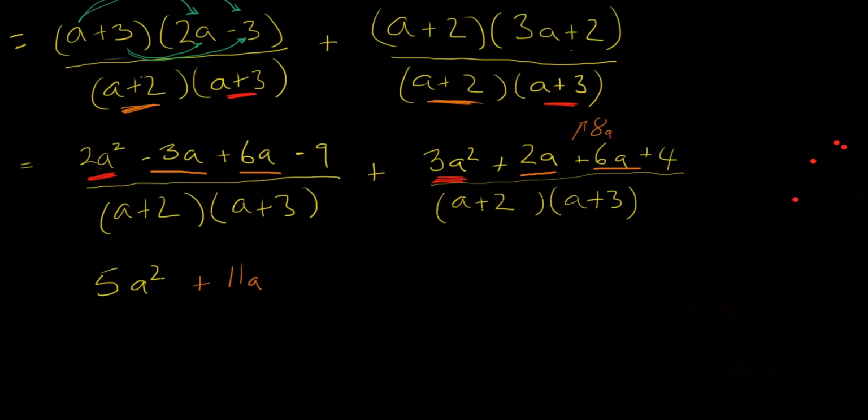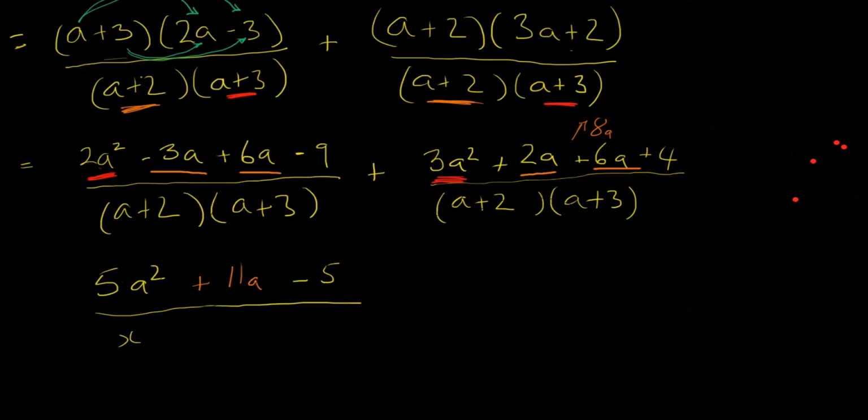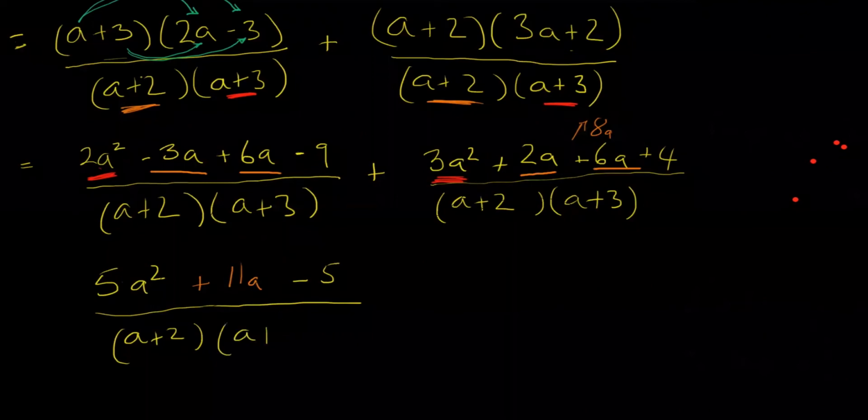Who wants to have a go at that? So minus 9 plus 4 is minus 5. Excellent. And then it's over what? Over a plus 2 in brackets, times a plus 3 in brackets. Perfect. And that's the answer.